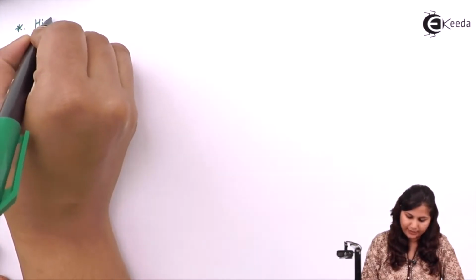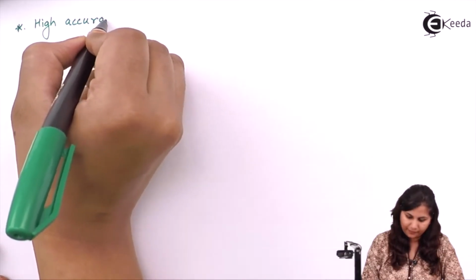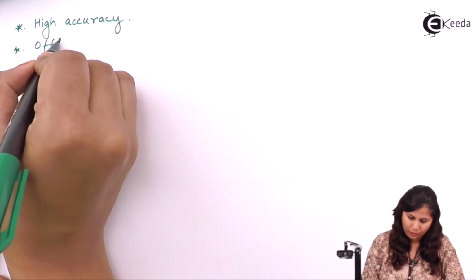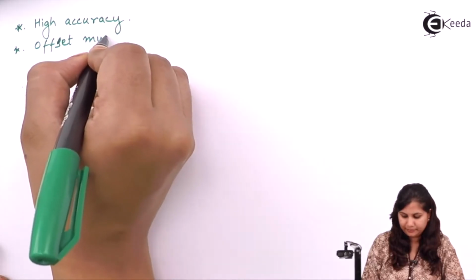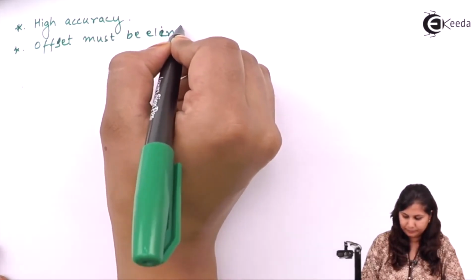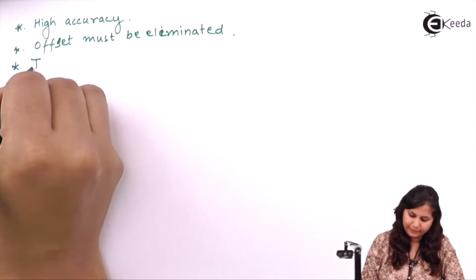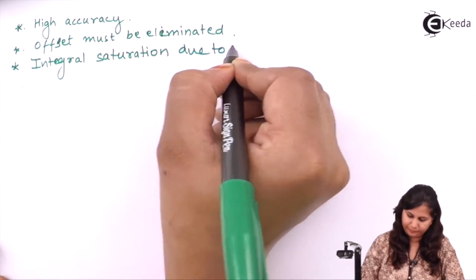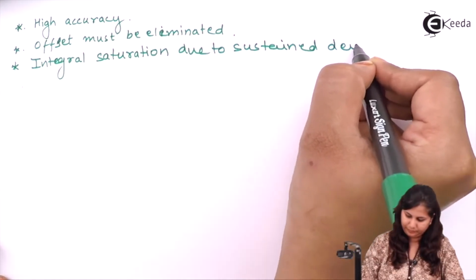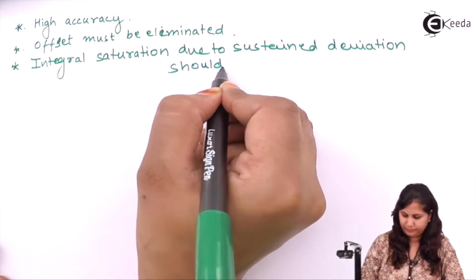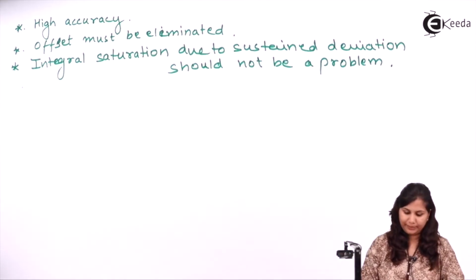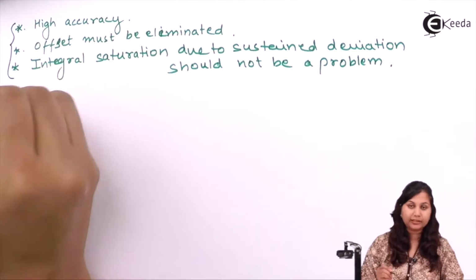Proportional integral controller is used where high accuracy is required, offset should be eliminated, and integral saturation. So these are the places where we can use the proportional and integral controller.